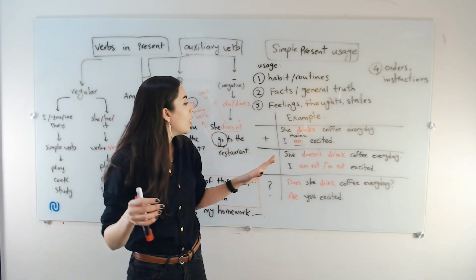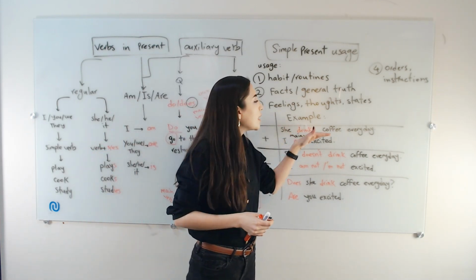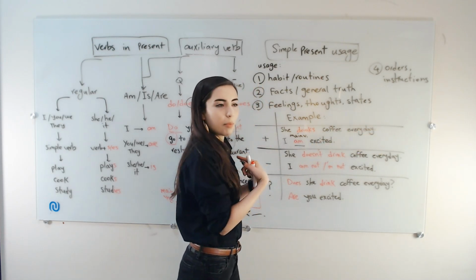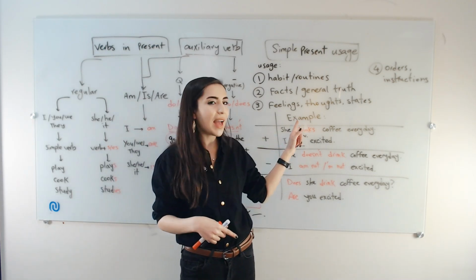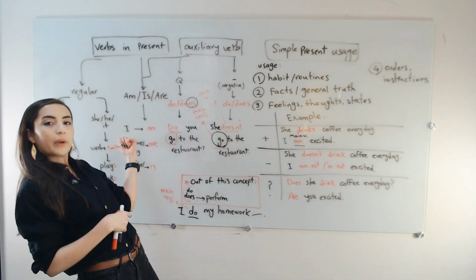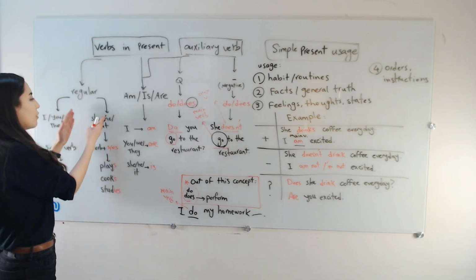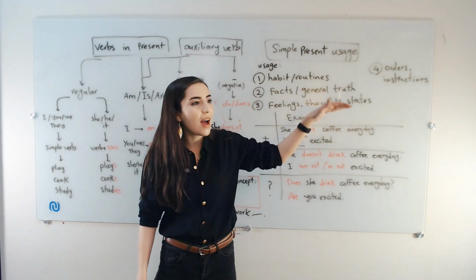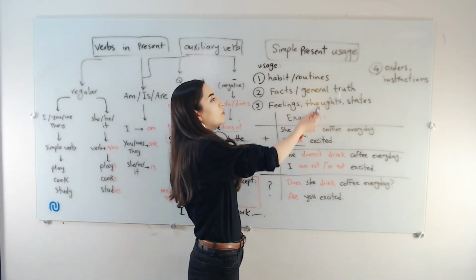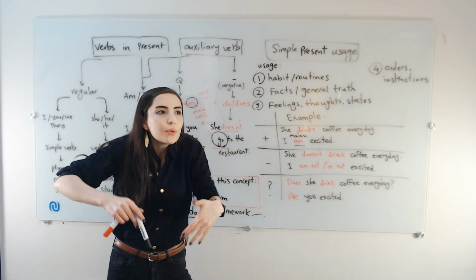In this case, we use simple present. She drinks coffee every day. So you see, drinks. Why do we have s? Because for she, he, it, we add s or es. She drinks coffee every day. So it's a routine, it's a habit. You do it every day.